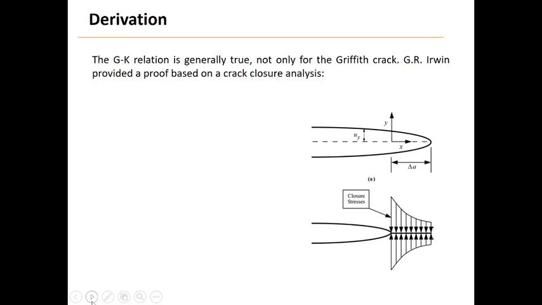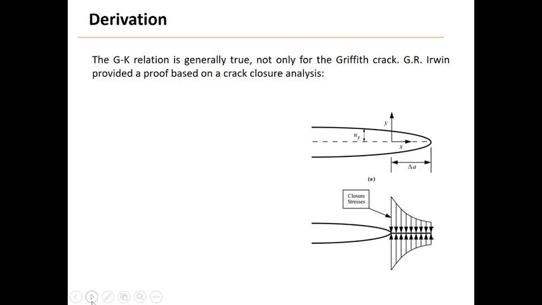Now G is the energy, the difference in the potential energy, which is the difference in the strain energy, and the strain energy comes from the stress field. So what we need to do is relate the corresponding stress field, expressed in terms of the stress intensity factor K, and equate that to G. So how do we do this?